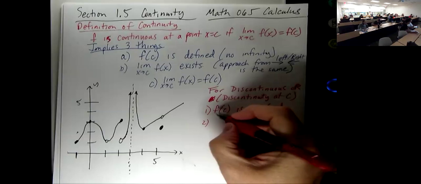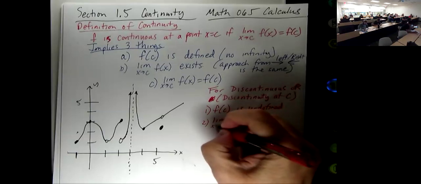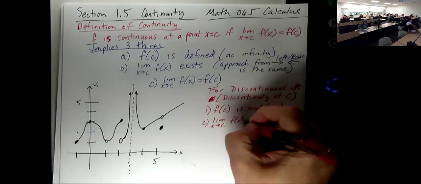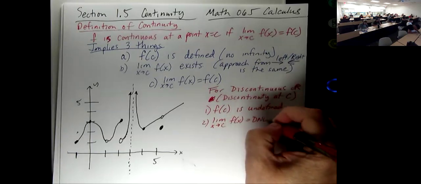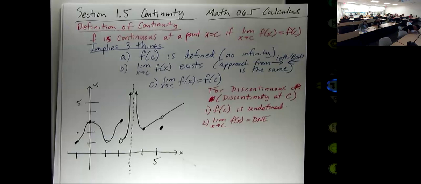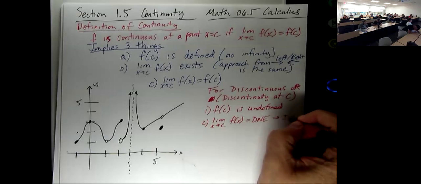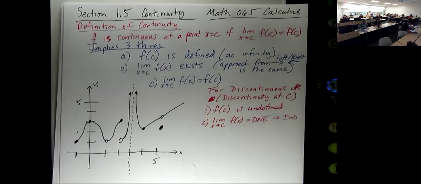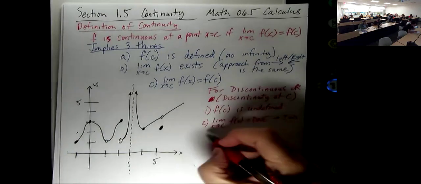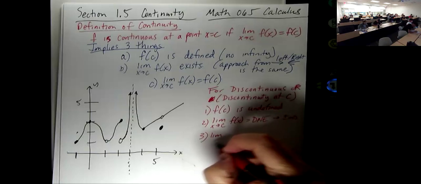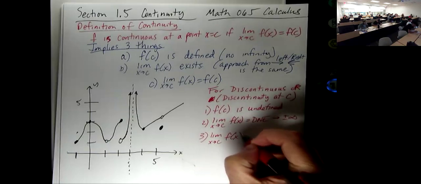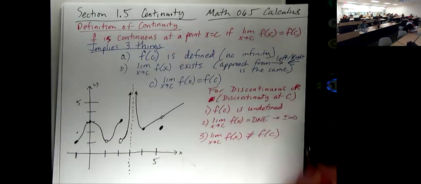Something else that will break it is if the limit does not exist, like if it's approaching infinity. Or if it doesn't actually equal f of c. The limit can exist, but if it doesn't equal f of c, it's not continuous there.